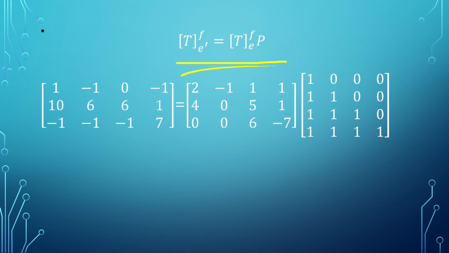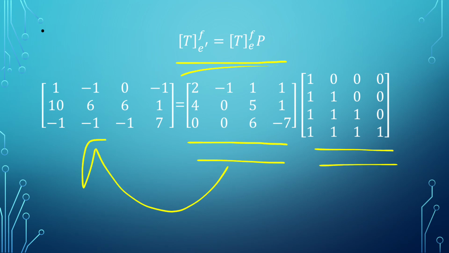We are taking T from E to F times P. P is that, and if you apply the operation of matrices, you get that is also true. Confirm that. If you have a question on the multiplication of this, I can also guide you. So just leave a comment on that.